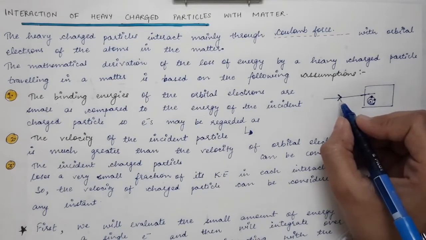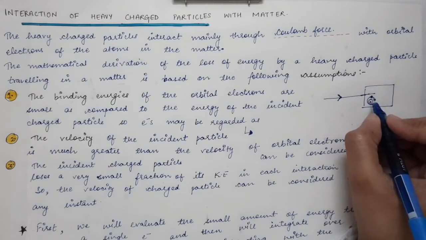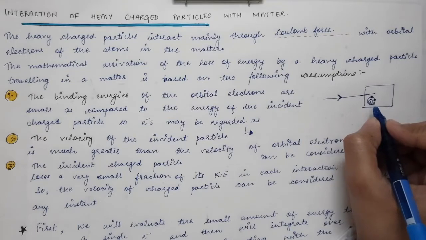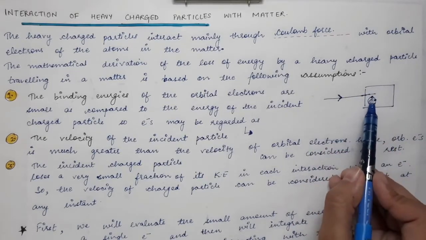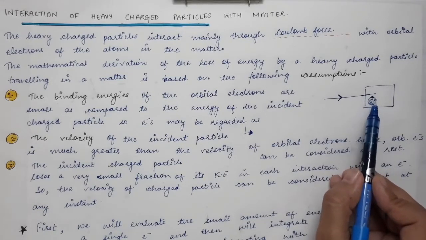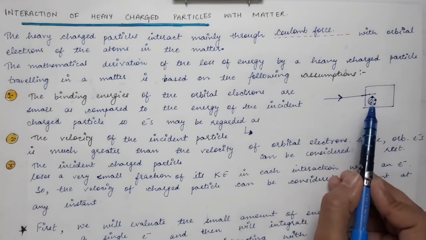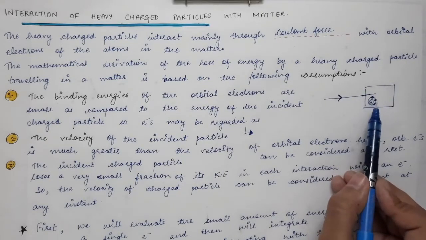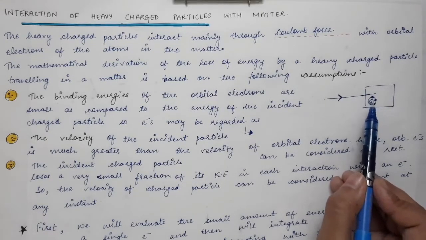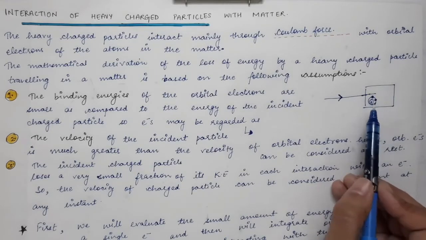The heavy charged particle interacts with the orbital electrons of the atoms of the medium. The first assumption is about the binding energy of these orbital electrons. They are bound to the nucleus, so to remove them from the field of the nucleus, it needs a certain amount of extra energy, and that is what we call the binding energy.